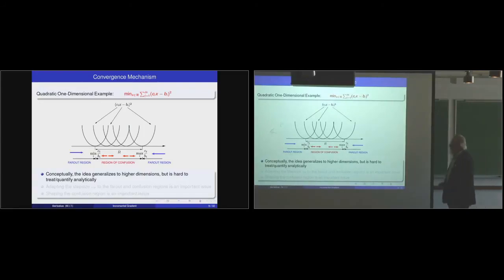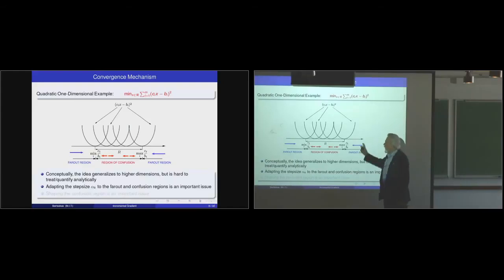If you believe this picture, you understand why it's important to adapt the step size so that when you are in this region here, you use a smaller step size than when you're far out here. There are methods that detect when you are in the region of confusion and then automatically try to reduce the step size. And people have tried a lot of different schemes along that line.